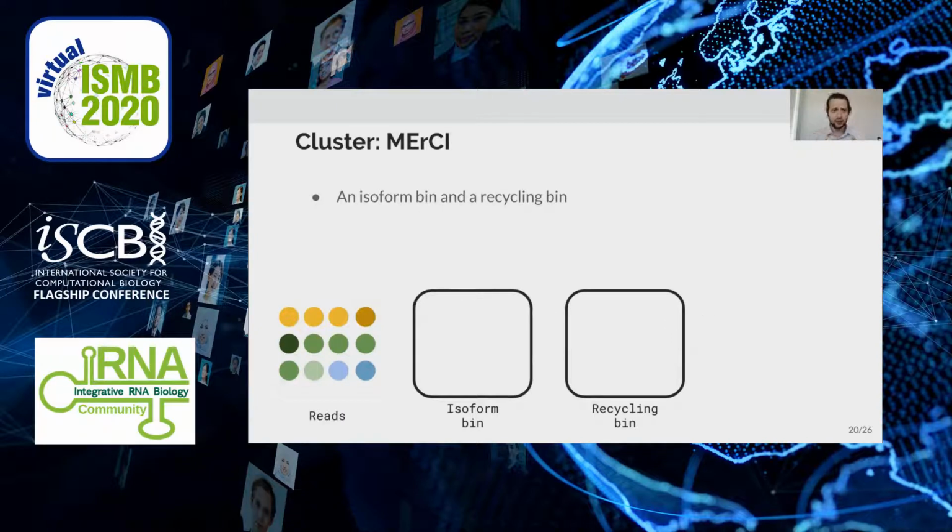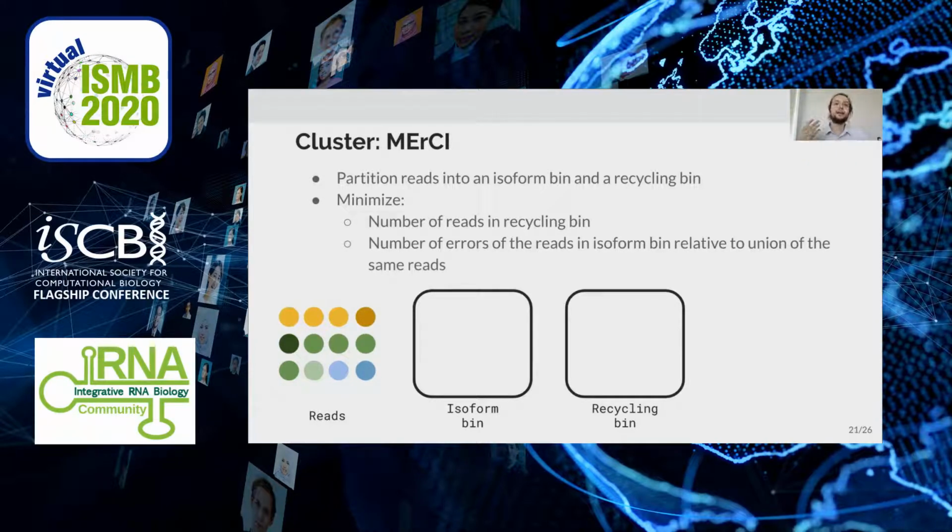The way that this works is that we have an isoform bin and a recycling bin. The idea is to partition the reads into these two bins such that we minimize the number of reads in the recycling bin and minimize the number of errors of the reads in the isoform bin relative to a consensus that they form within each other.